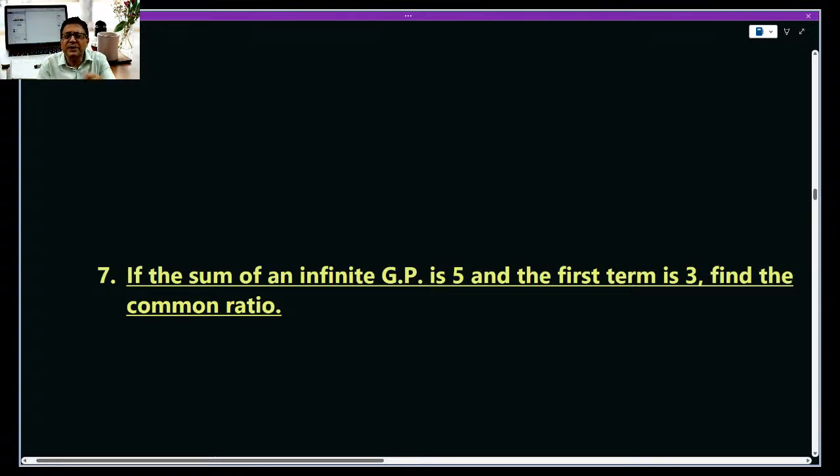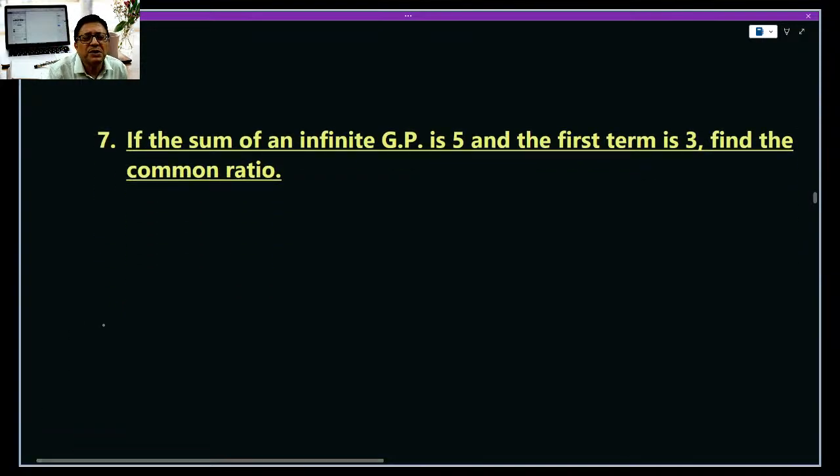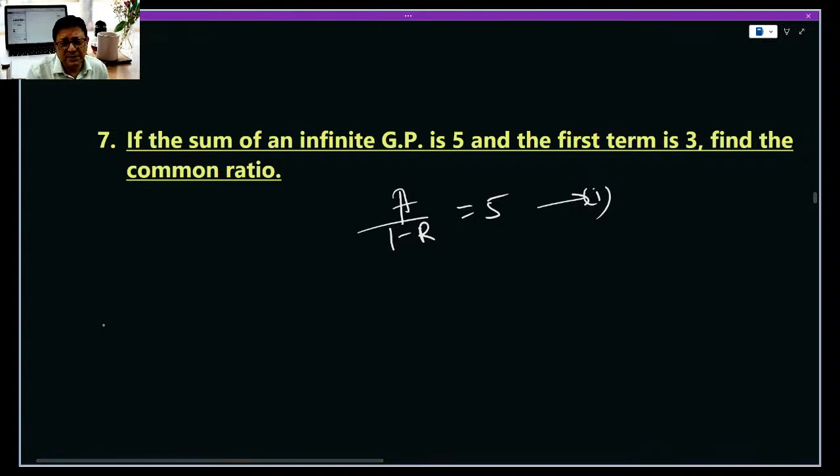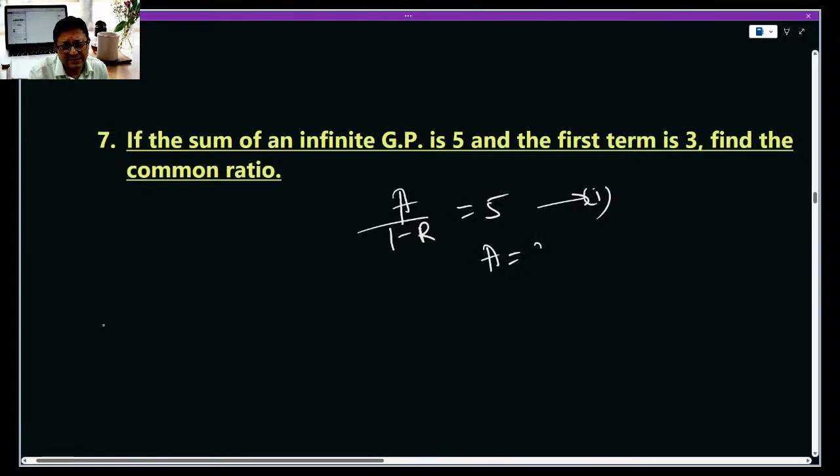Go for next one. Not a difficult sum, similar. I am just adding the equation so that you can start at home. Sum of an infinite GP, that A by 1 minus r equal to 5, and the first term is given 3. So 3 by 1 minus r equal to 5.